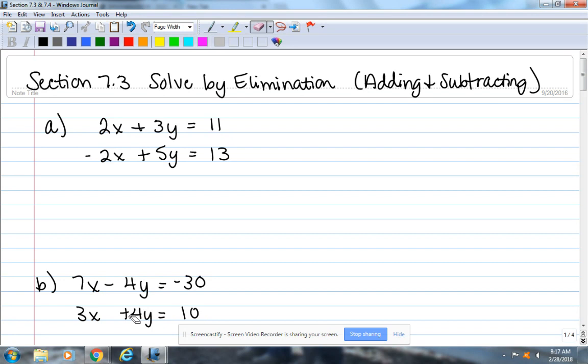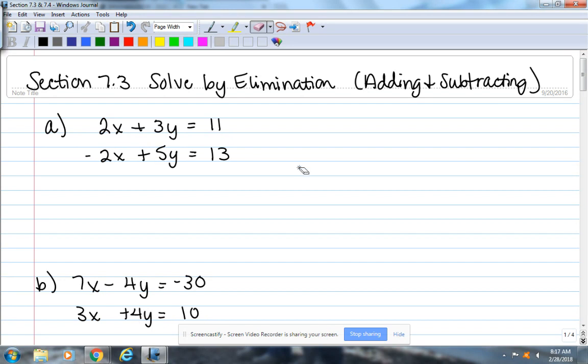Specifically, in the elimination method, we want to add the opposite. If we combine two things that are opposite, they make 0, right? Like negative 5 plus 5 equals what? 0. And negative 20 billion x added to positive 20 billion x equals what? 0. If we combine two opposites, they make 0. So that's how things get eliminated.